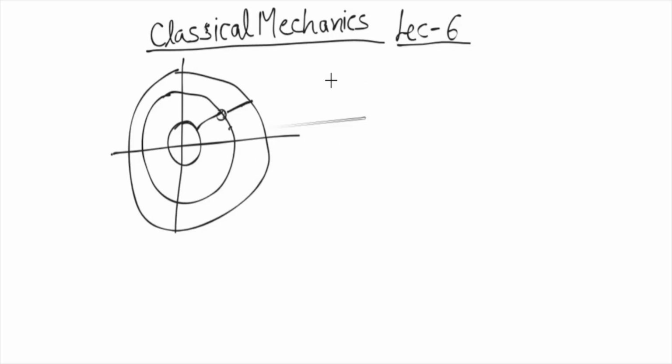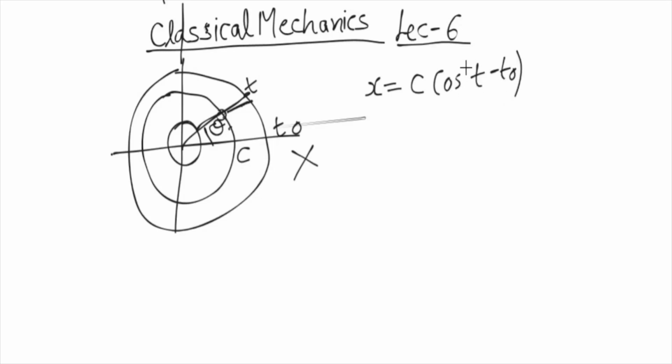We defined in our previous lecture this x and p plane. p is also written as x dot. And we defined in our previous lecture, if this is theta and the particle is here at t0, the initial time, and then comes here at time t, then we found that x is equal to, if this is c, the radius, c cos(t minus t naught).